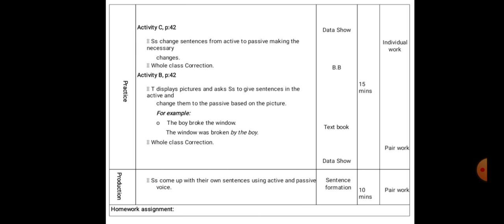And practice, the second stage, which is practice. We have exercises. The mode of work, we have individual work and pair work.